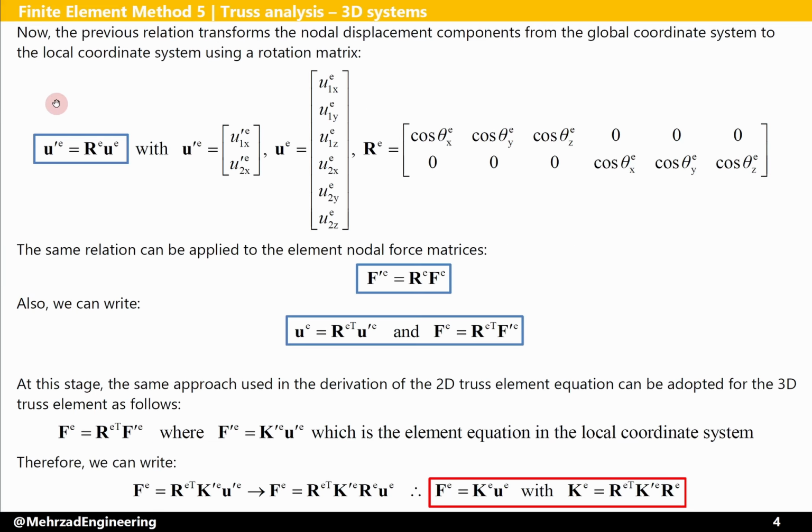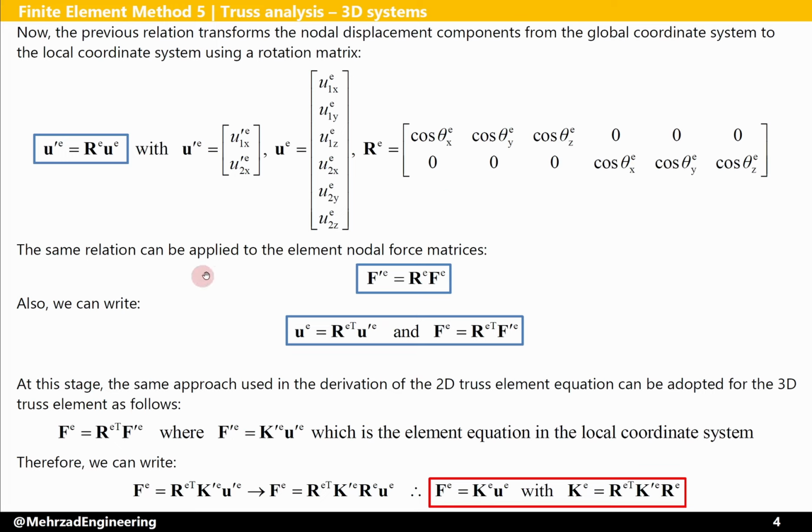Therefore, we have a relation between displacement matrix in local coordinate system u prime e and displacement matrix in global coordinate system ue. Here Re is the rotation matrix, which includes cosine of theta x, theta y, theta z, which are the direction cosines.